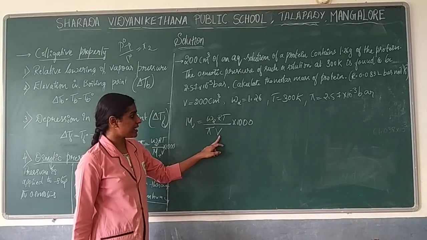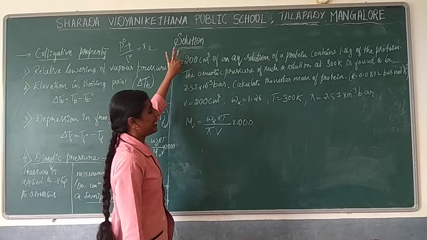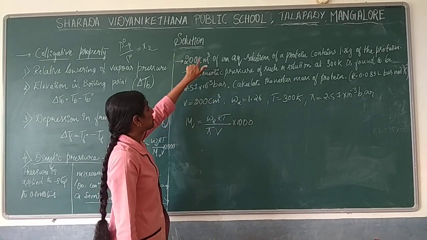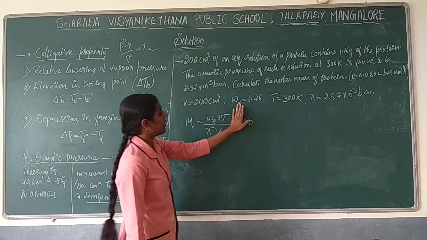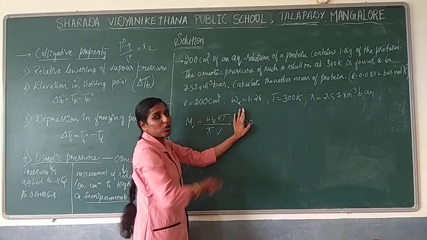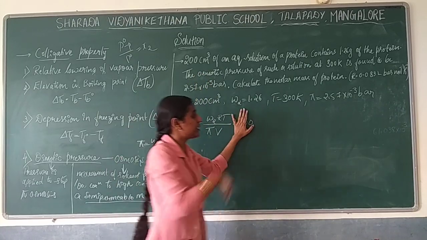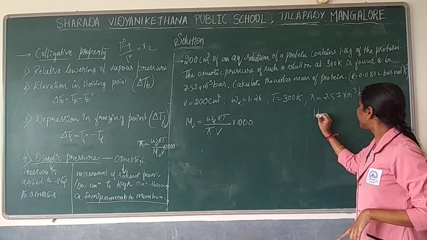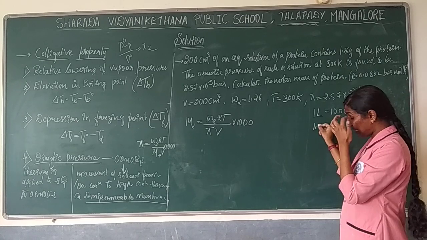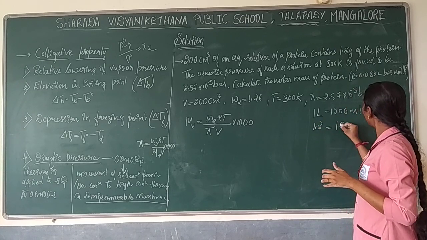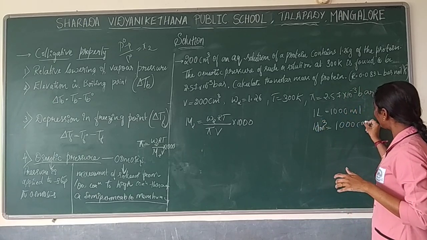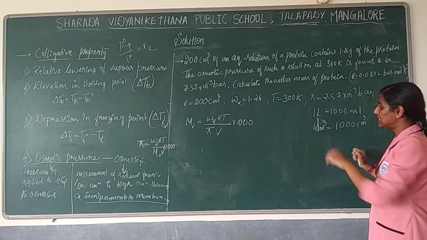Volume is not there in terms of liter. You are supposed to convert it into liter. This cm cube we can convert into liter. If you don't want to use 1000, you can convert here itself. So how can that conversion be done? You know, 1 liter is nothing but 1000 ml. In the same way, 1 dm cube is equal to 1000 cm cube, and 1 liter is equal to 1 dm cube.